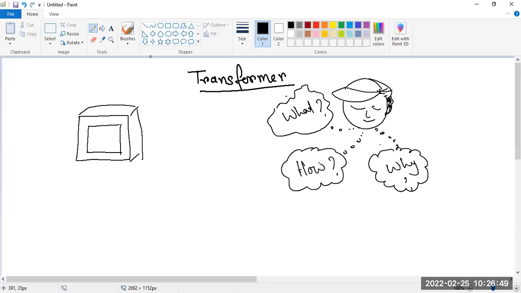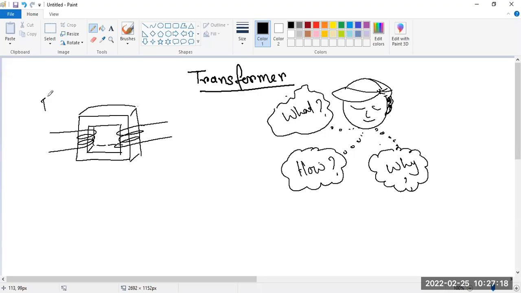You have seen in your society some lamp post is there and there is some transformer. So some high voltage, low voltage, you have just listened to it. So transformer is a device which can transform one type of energy into another type of energy.